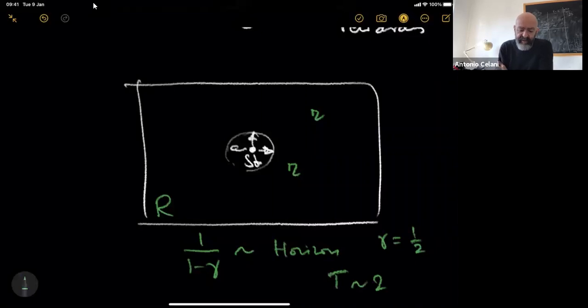Now, if the typical time you care about is 2, then what is your optimal strategy of moving around? Well, you will definitely go for the closest reward. If you are close to this, go towards the closest one, and if you're there, go towards here.